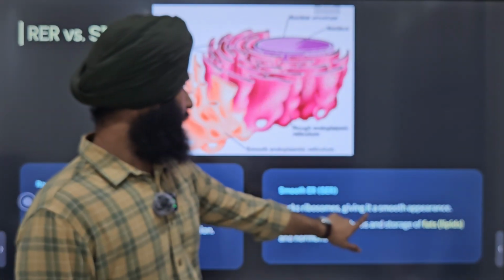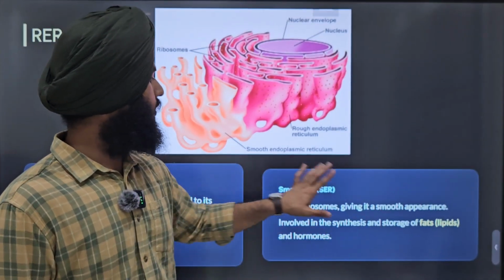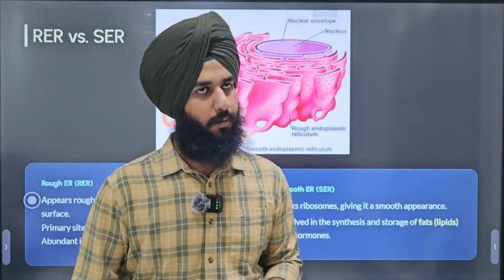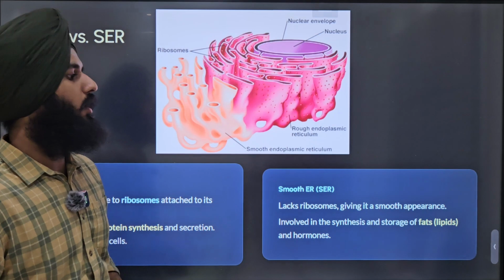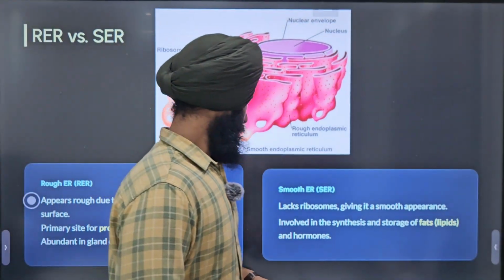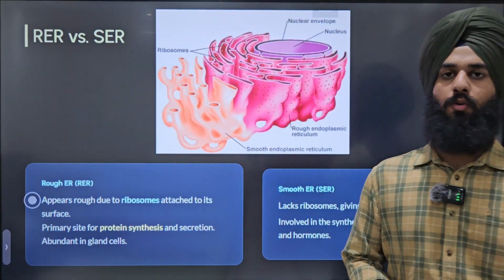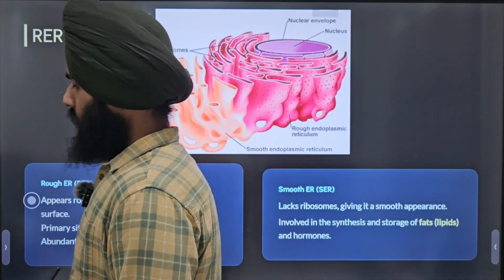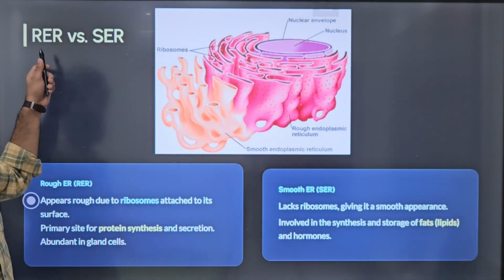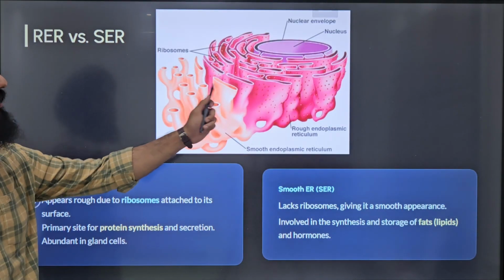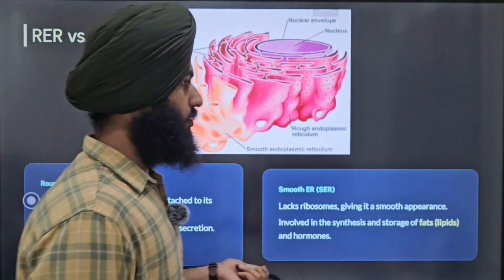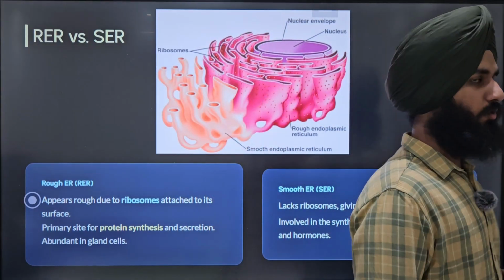And its smooth appearance is due to the lack of these ribosomes, and it is responsible for instead the production of fats, which are in the form of lipids, and also hormones. So these are also responsible for the storage of those. So the rough one, RER, is responsible for protein synthesis, and the SERs are responsible for the synthesis of and storage of fats and hormones.